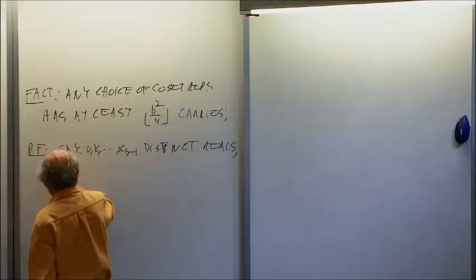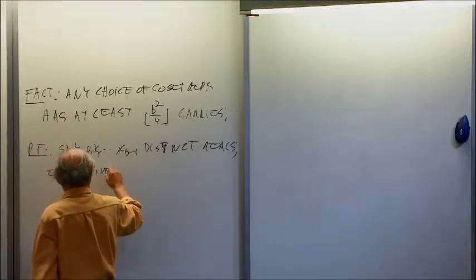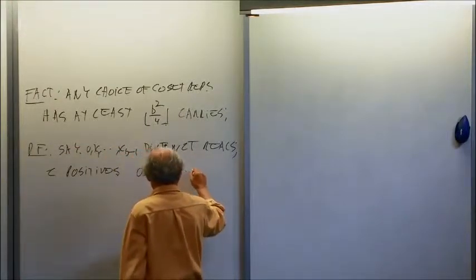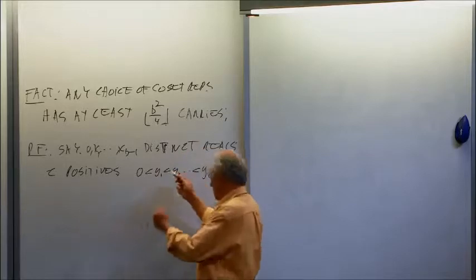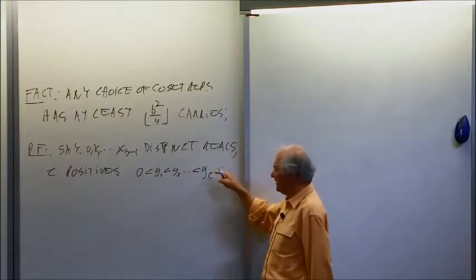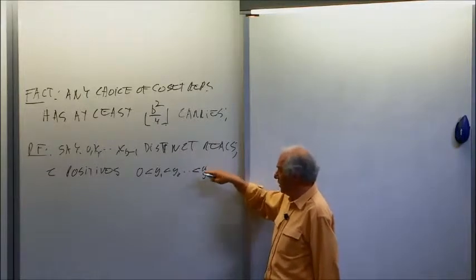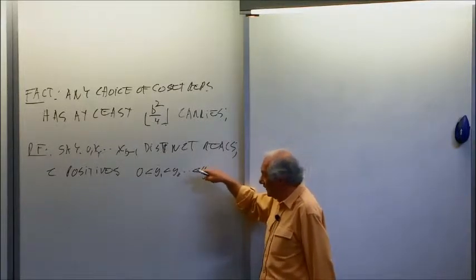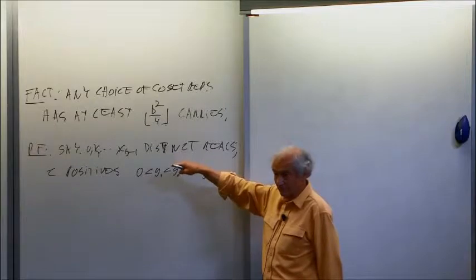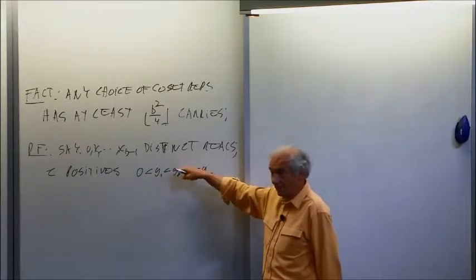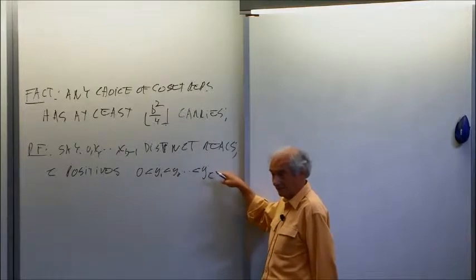Say there are c positives. So let me call them 0, less than y1, less than y2, up to less than yc. Those are the positive numbers. If I add yc to anything, I get c carries. If I add y(c minus 1), I get at least c minus 1 carries. If I add y1, I get at least 1 carry.